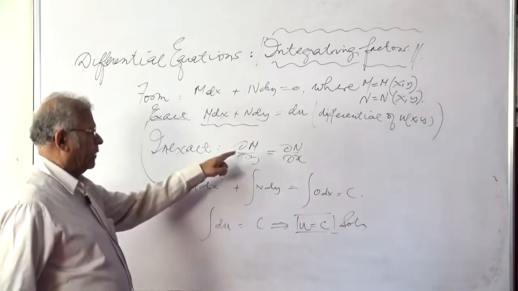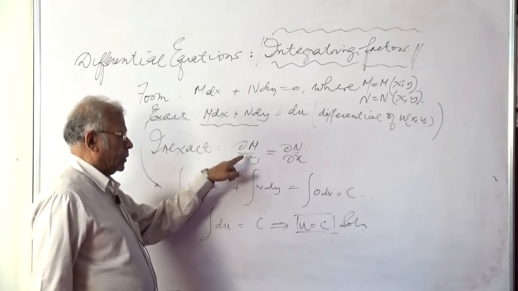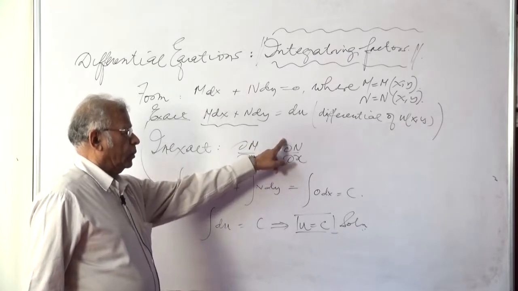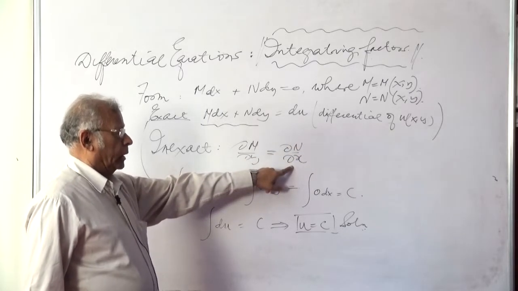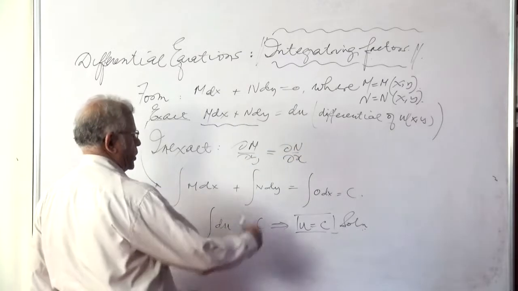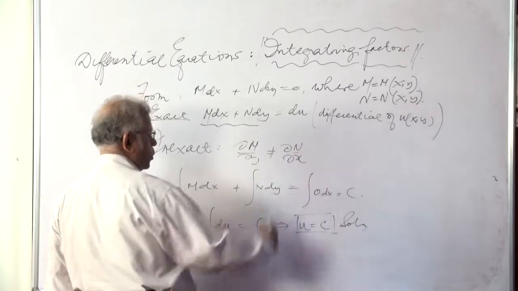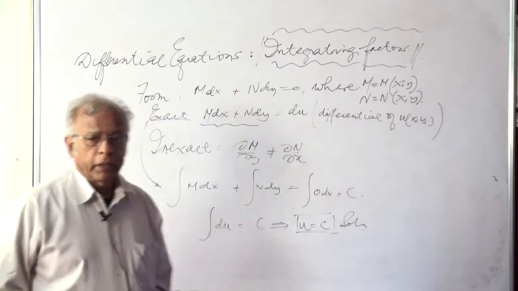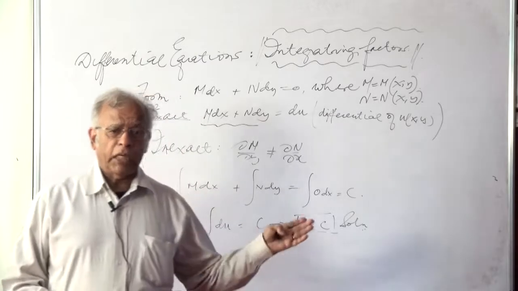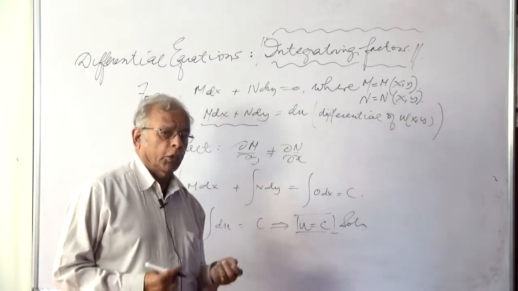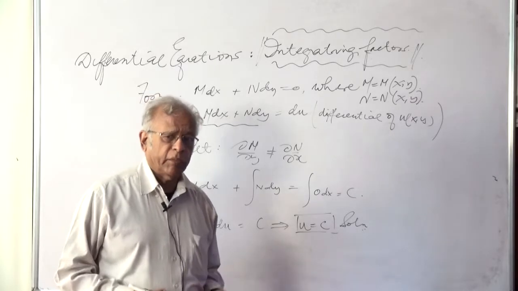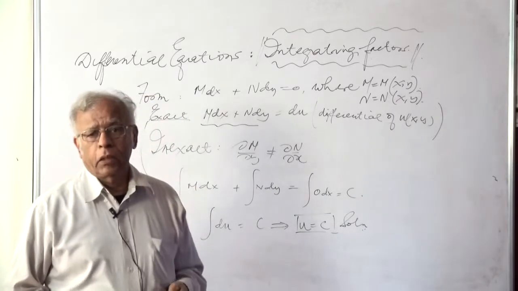That means the partial derivative of the M function with respect to y must be equal to the partial derivative of the N function with respect to x. But in the case of inexact differential equations, that is not so. So we have to invite an additional function that multiplies the entire equation through and converts it to an exact equation, and we will visit some of those integrating factors one by one.